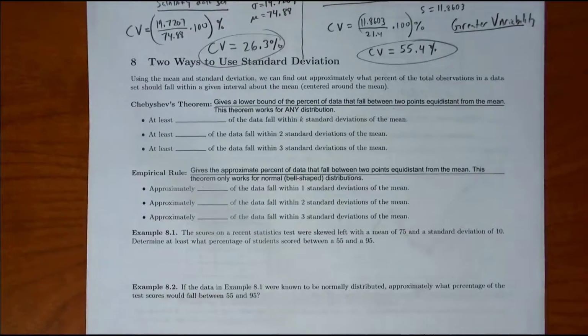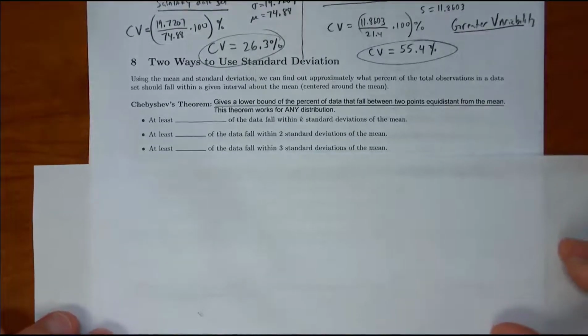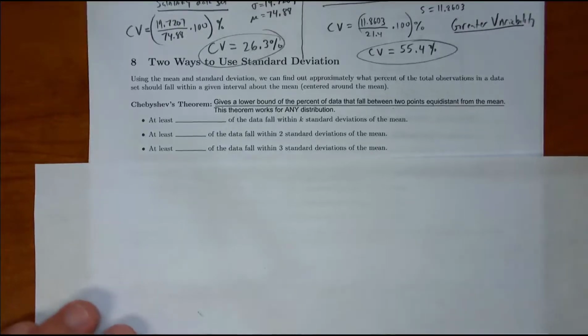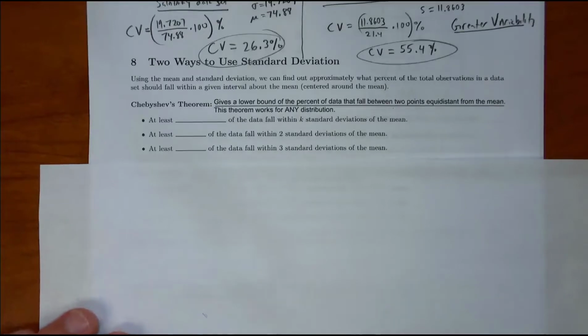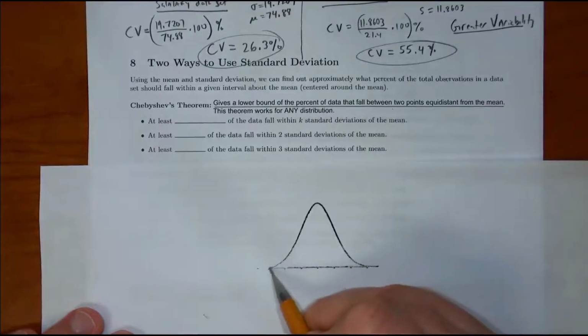And here's what we mean when we say the percent of data that falls between two points equidistant from the mean. I got a new little toy, hopefully this will help. So there's a distribution. That's a bell-shaped distribution.